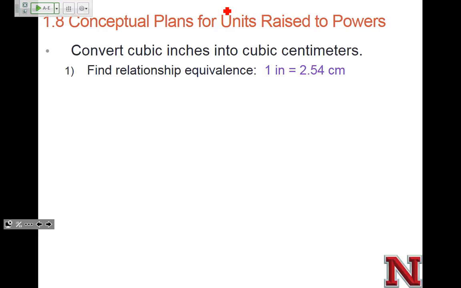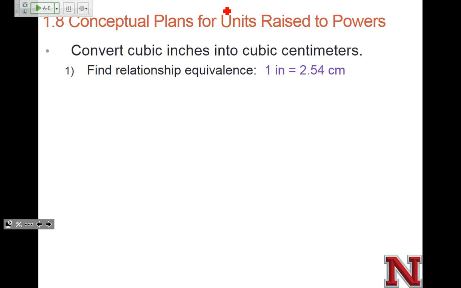Now we know 1 raised to the power of 3 is still going to be 1, but don't make the mistake. 2.54 raised to the power of 3 is not 2.54. So we have to cube that entire relationship, so that we can cancel out cubic inches. We cannot cancel out cubic inches by inches.